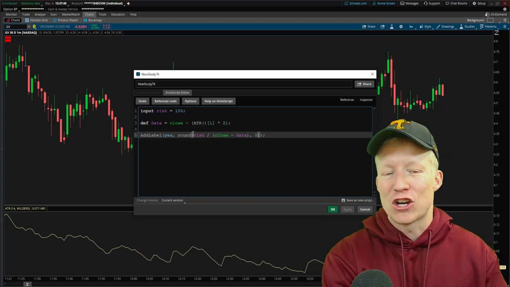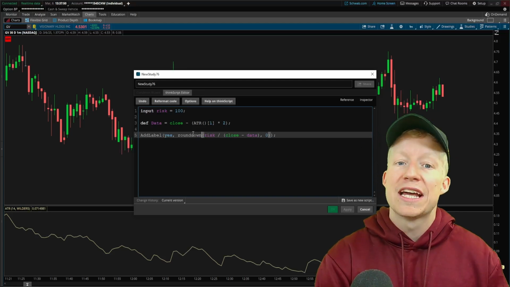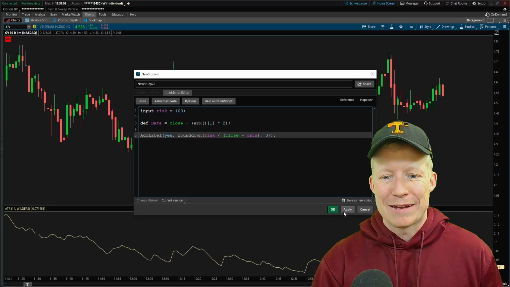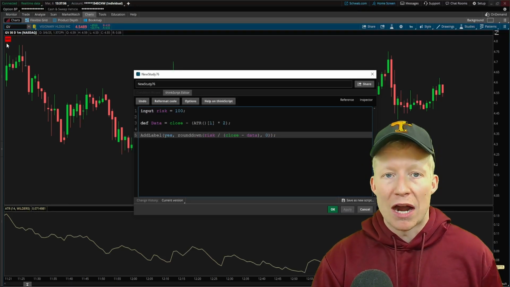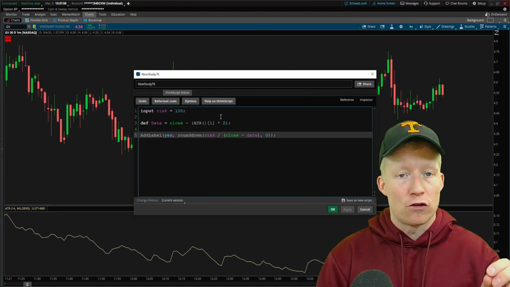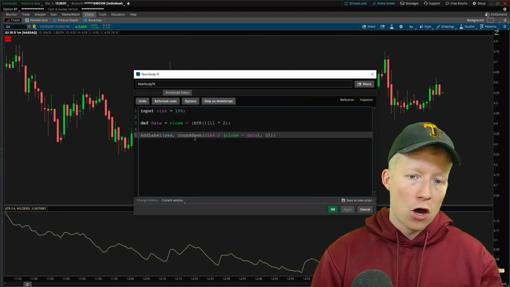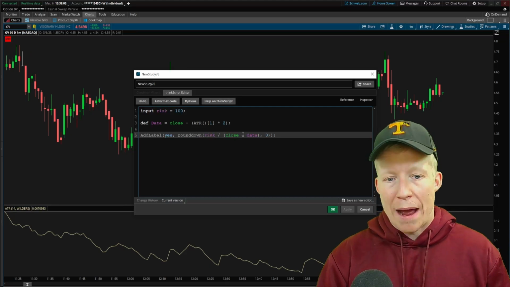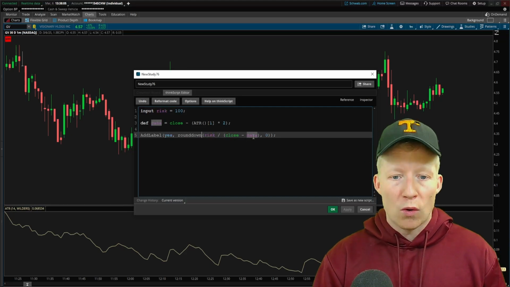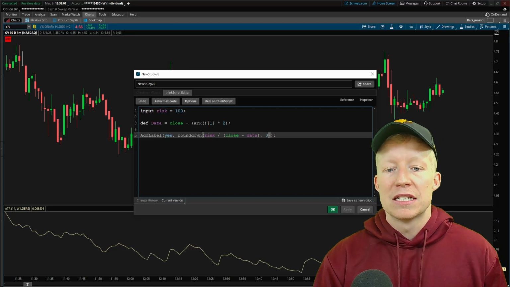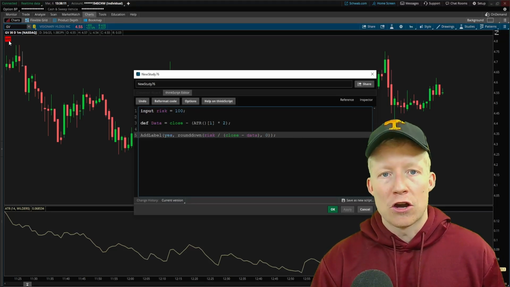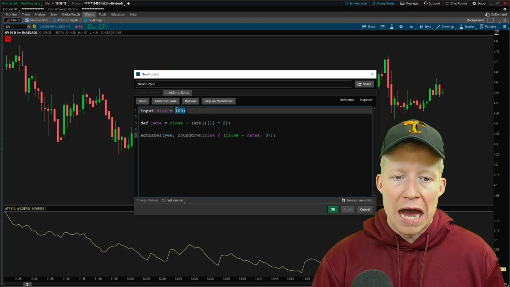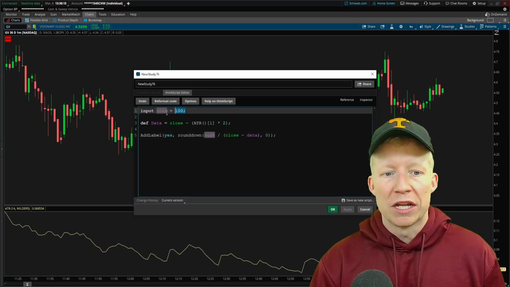There is also a function in ThinkorSwim called round down that accepts the exact same parameter. So as I now hit apply, nothing changes right now. It must have not been rounding up, but this just ensures that it never rounds up. So write round down, wrap your equation inside of it, and put comma 0 so that you can see the exact whole number of shares rounded down that will align with whatever risk you have inputted in your risk parameter here.